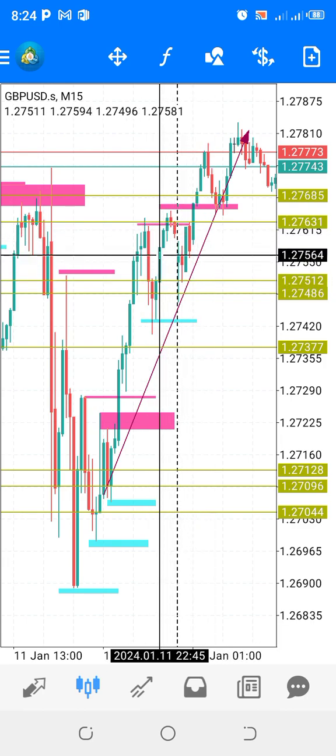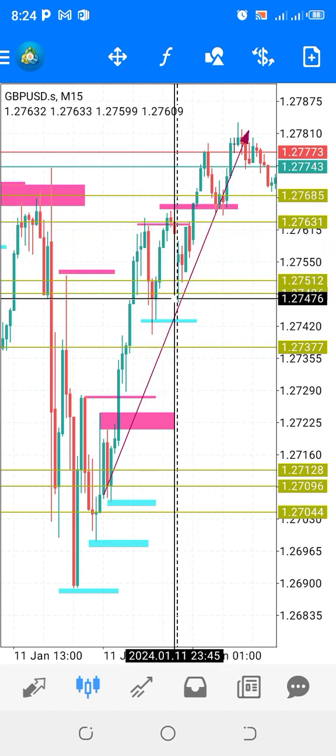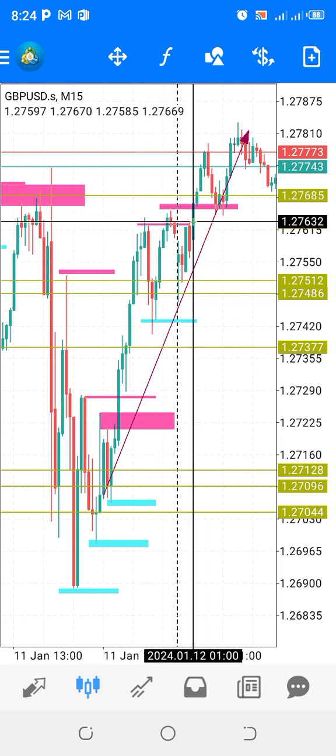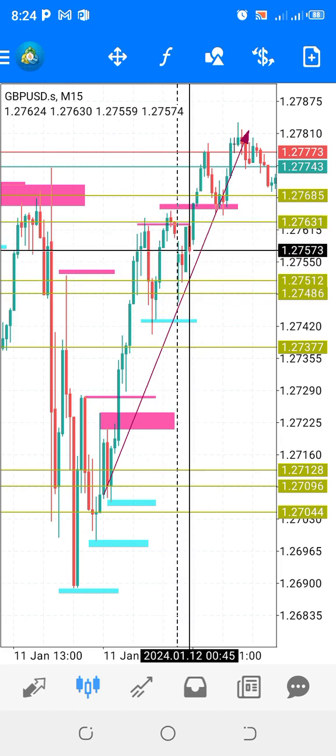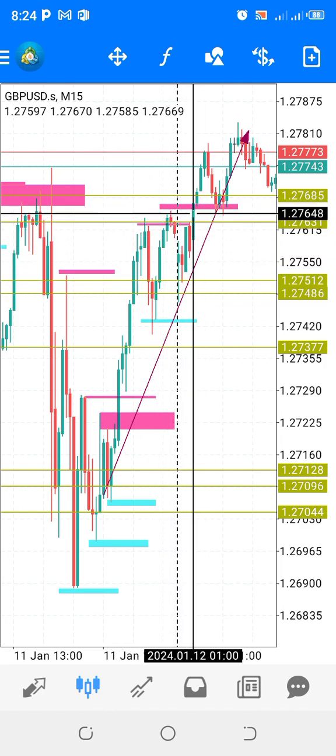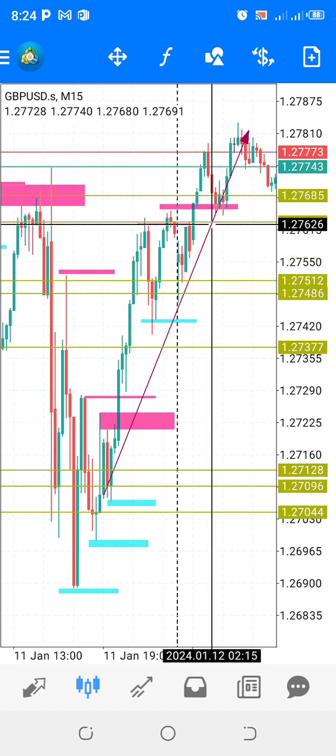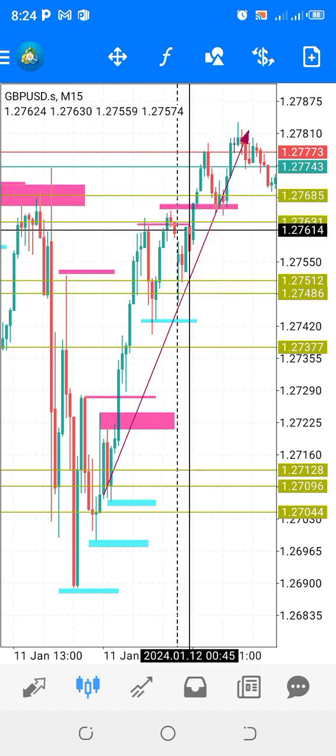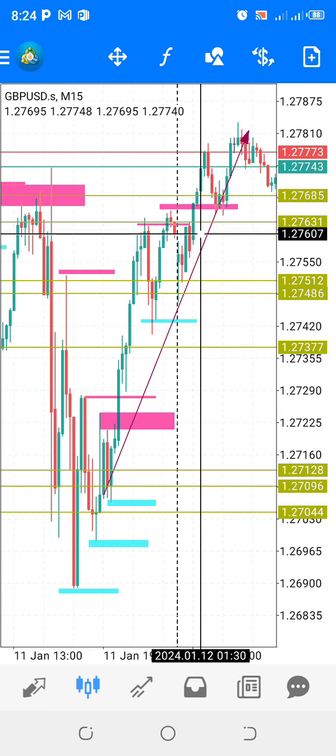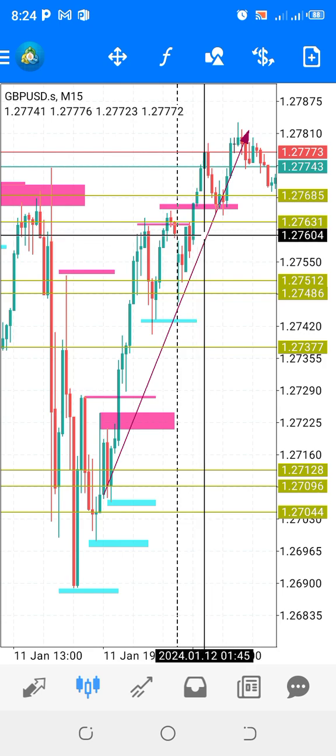So this zone is a consolidation zone, and you know the rule for a consolidation zone: you do not bother about trading inside of it. So you want to see the level break, and you also want to see the market respecting the turning point to do its correction.